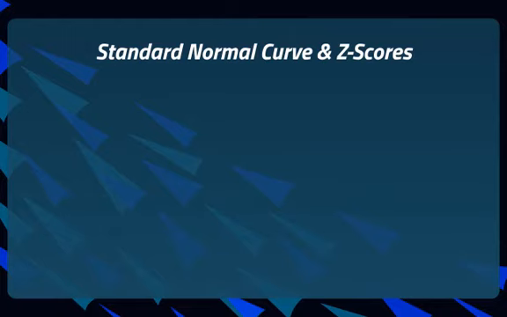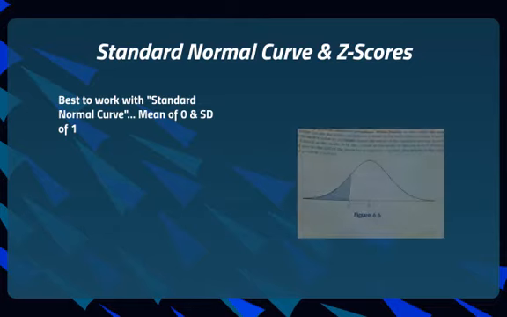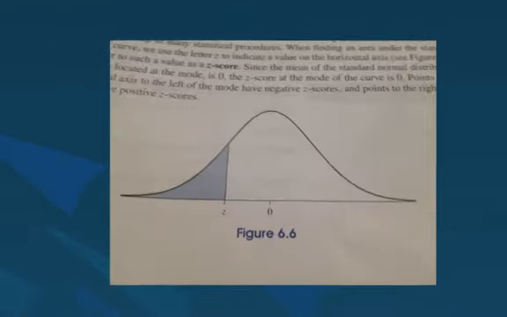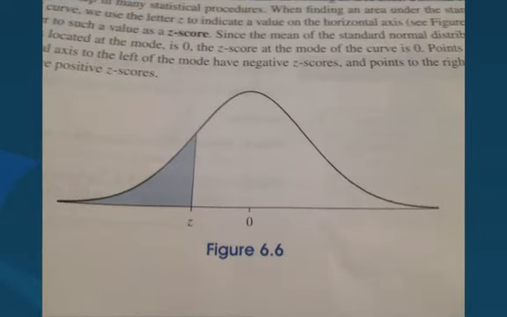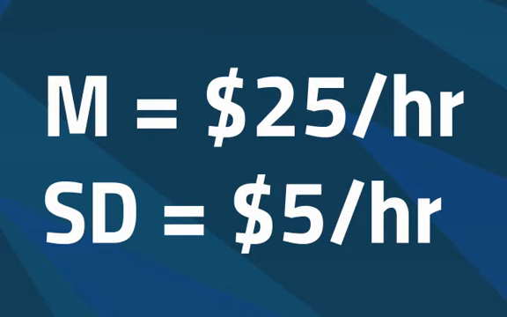Okay, what is a standard normal curve? A standard normal curve is a curve that has a mean of 0 and a standard deviation of 1. Okay, so basically this is the standard normal curve. A mean score of 0 and a standard deviation of 1, which we don't see here. Okay, but how do we get this curve? Let's go back to the example that I used last class.